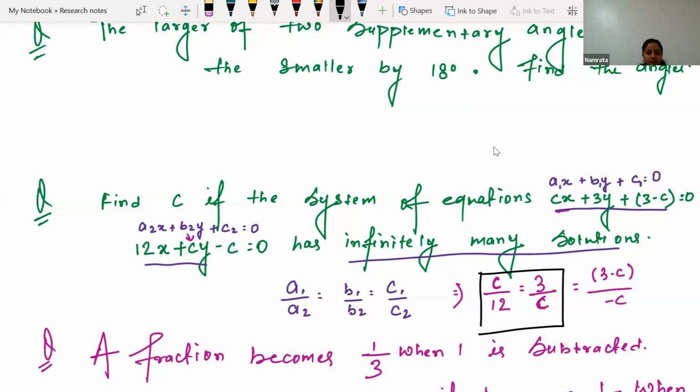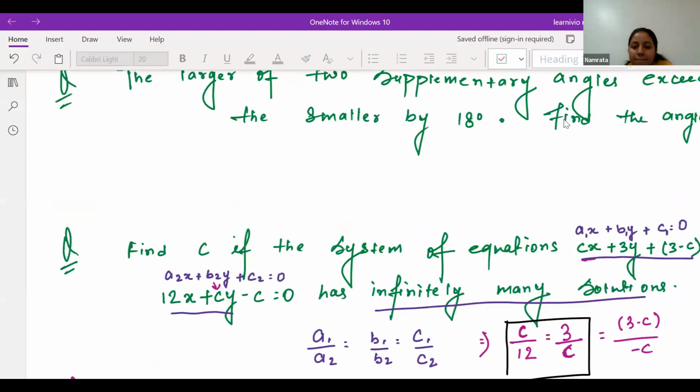I'm getting 18. It is 18. Ma'am, I'm saying c will be 18.